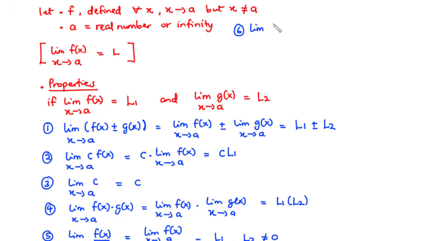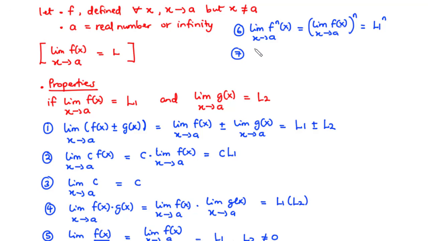The limit of f of x to the power n as x approaches a is equal to the limit of f of x as x approaches a, all to the power n. Now we have what's in the brackets to be equal to L1. Therefore, that is equal to L1 to the power n.